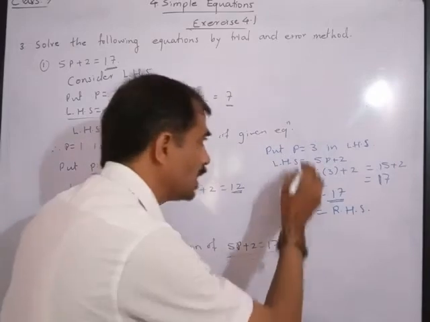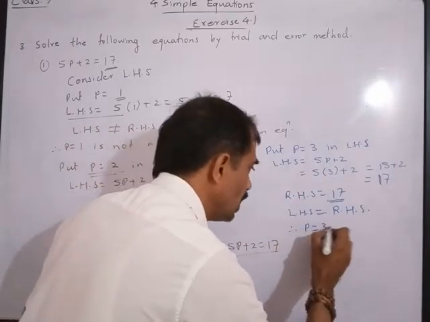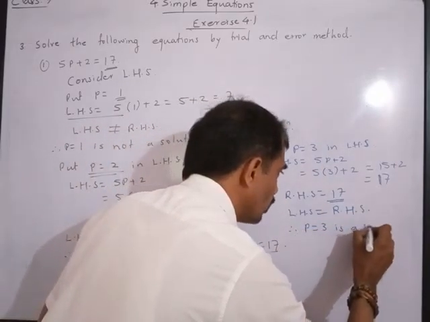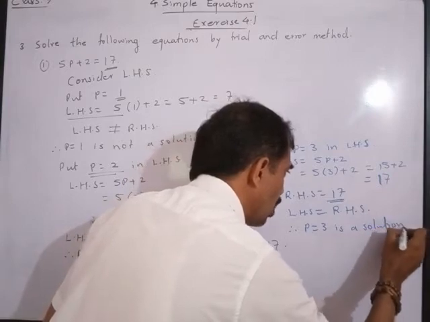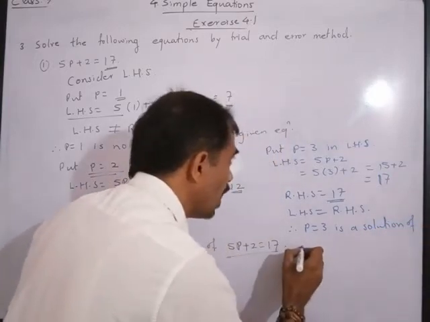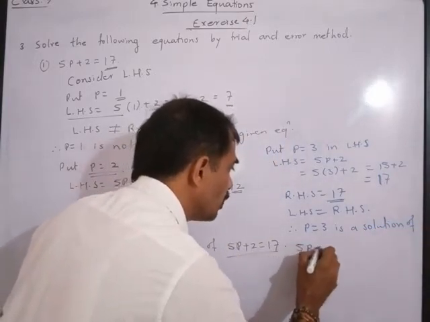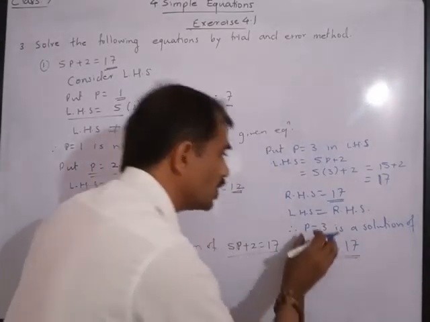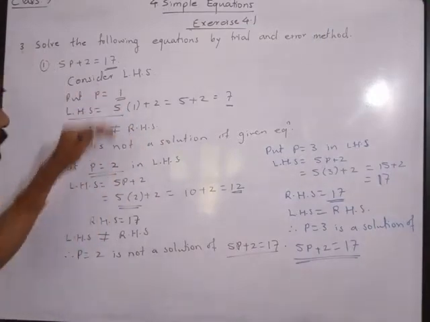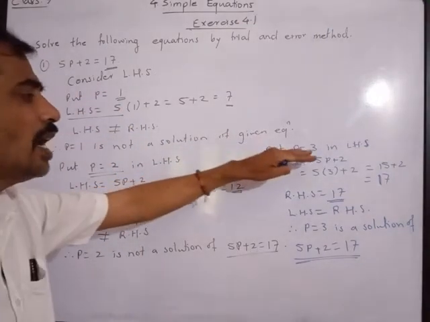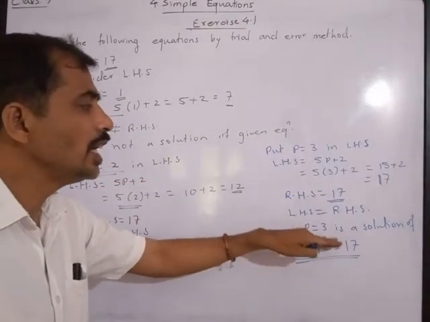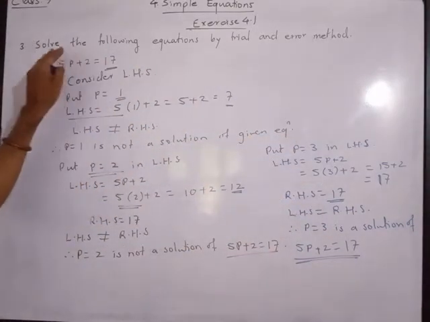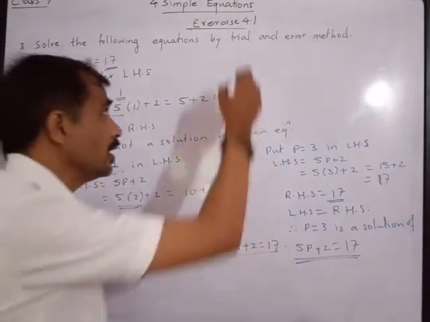Therefore, I can say that p is equal to 3 is a solution of 5p plus 2 is equal to 17, the given equation. Thus, we have to try different values and somewhere we are going to get the solution. When we get the solution, this method is called trial and error method.